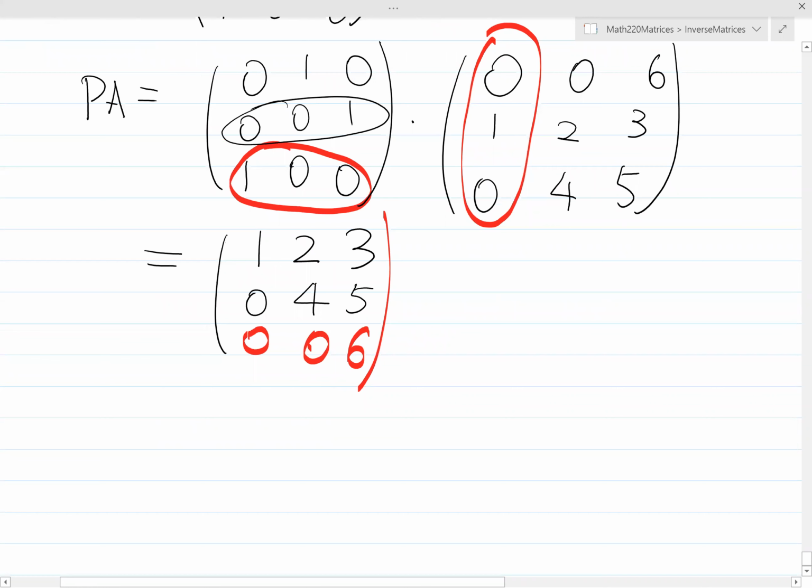Of course, multiplication on the left will permute the rows. If we multiply on the right, then we will permute the columns. So this is an important thing, a key idea.